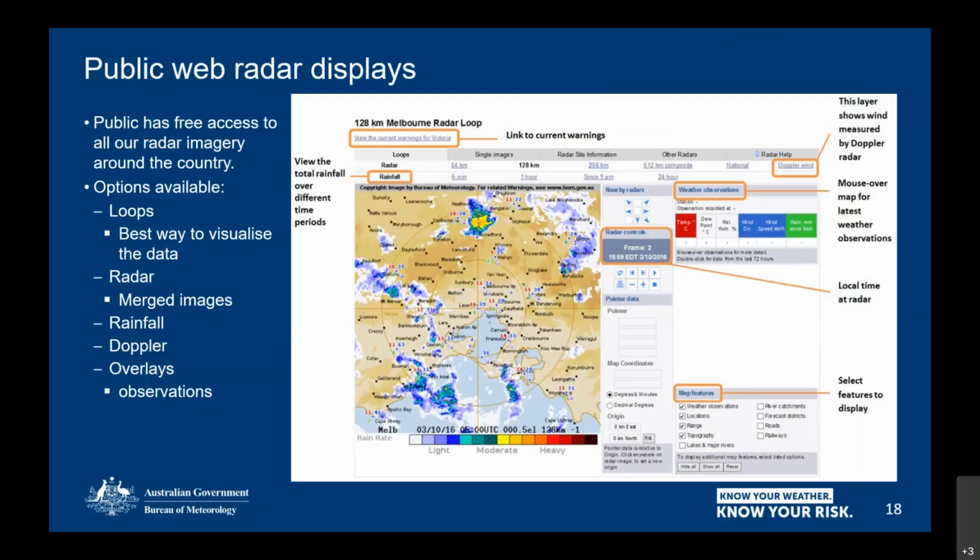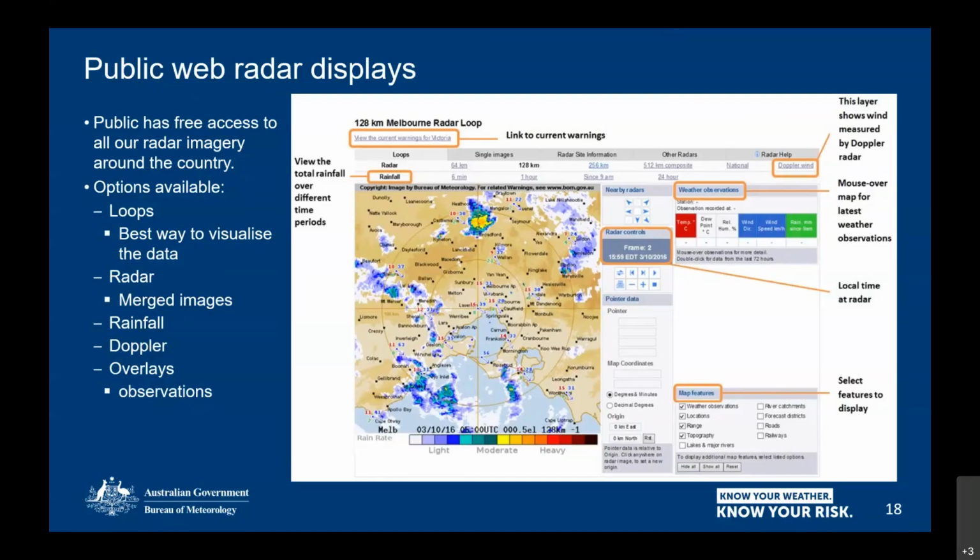So for example, this one's at 05 UTC time, universal time coordinate, and that's what's happening right at that moment, whereas the rainfall's actually going to give us accumulation of what's potentially falling at the surface. So you've got the 6 minute, the 1 hour since 9 a.m. and also the 24 hour.